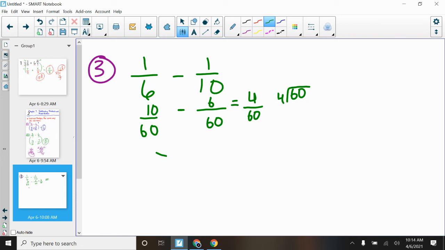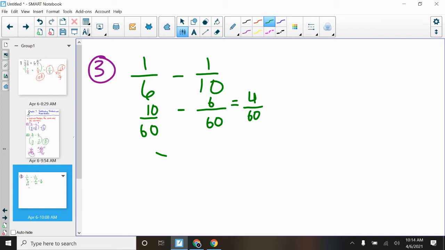Now, Sophia, you've got to be careful doing that, baby. Because remember, we only want to turn it into a division problem if it's an improper fraction. So it's not improper, so we don't really want to do that. We want to look for the common factors. So when you look at 4 and you look at 60, they're both even numbers. So what do we know is a factor for 4 and 60?